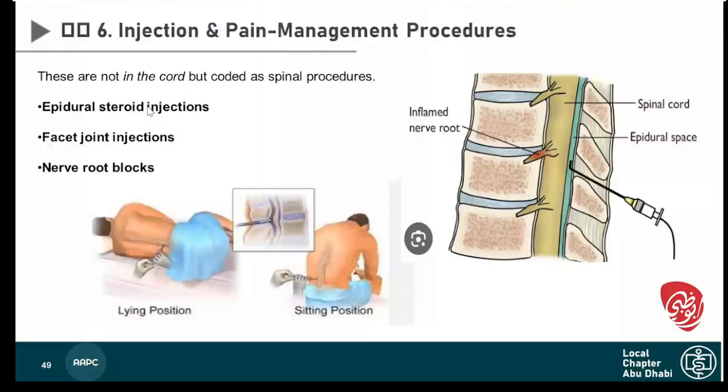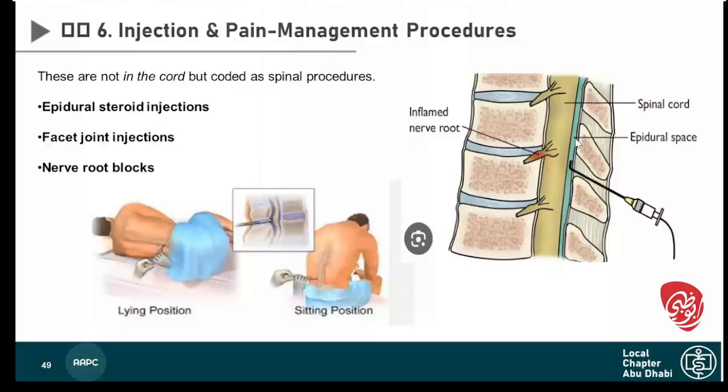This is the diagrammatic representation of the epidural steroid injection. So this is the epidural space. Usually steroid or anesthetic may be injected into the epidural space to treat the pain or to treat the inflamed nerve root. Like in the facet joint, if a physician injects anesthetic or steroid, we have to assign the CPT codes for facet joint injections.